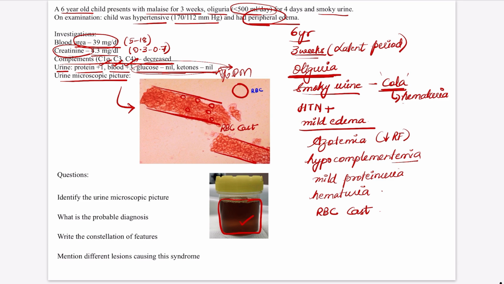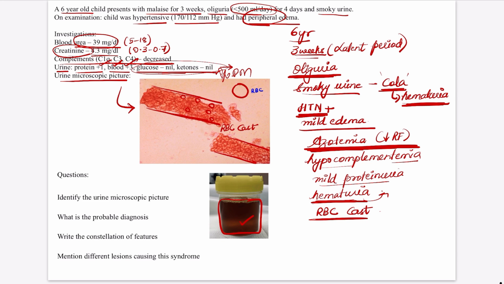So hematuria is present, hypertension is present, edema present, azotemia is present with declining renal function, hypocomplementemia, mild proteinuria, and the RBC cast passage.